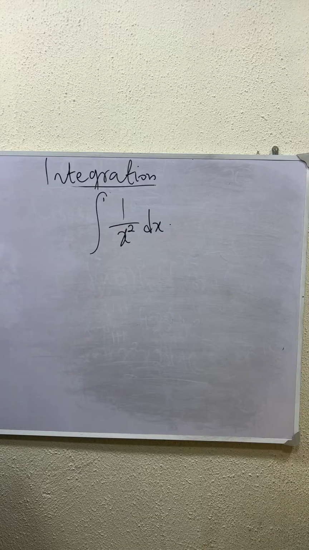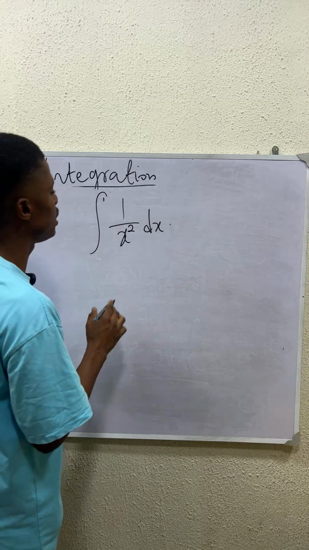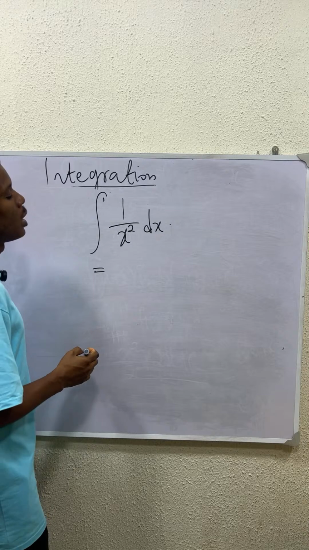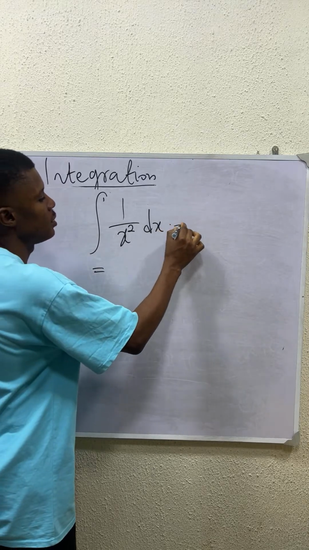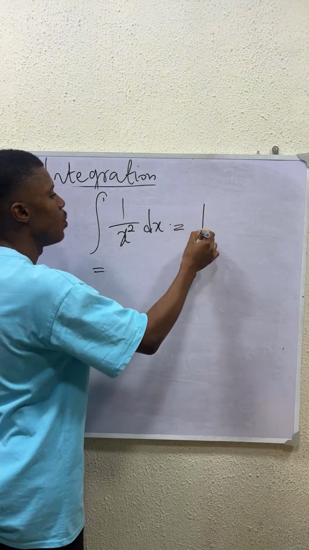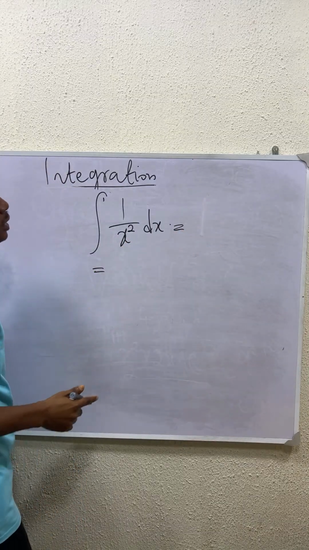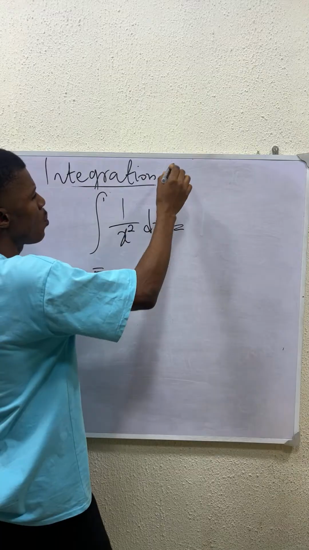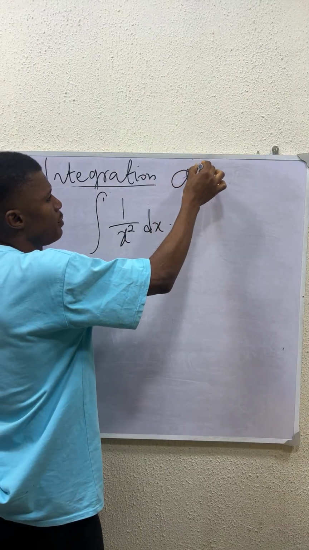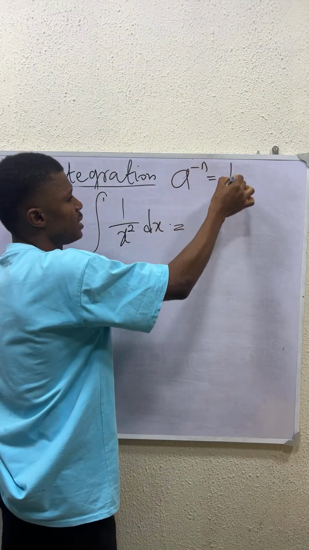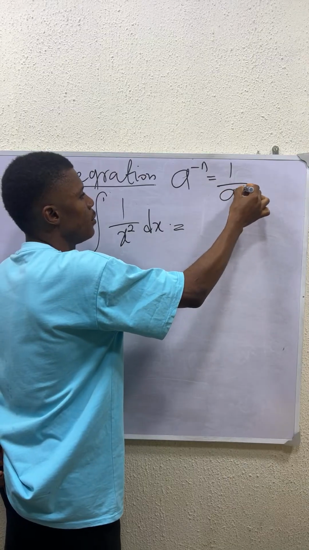Okay, so to integrate this is simple. What do you have to do? This is just 1 over x squared, which is clearly an exponent. I told you in exponents, when we have a to the power of negative n, we treat it as 1 over a to the power of n.